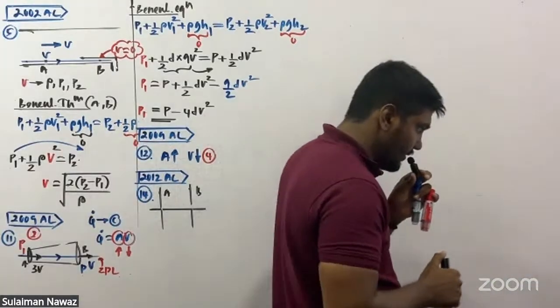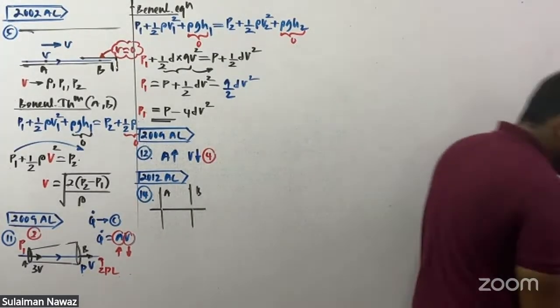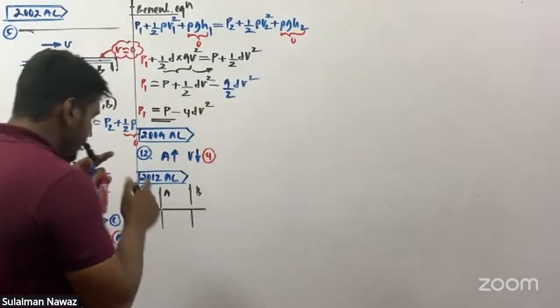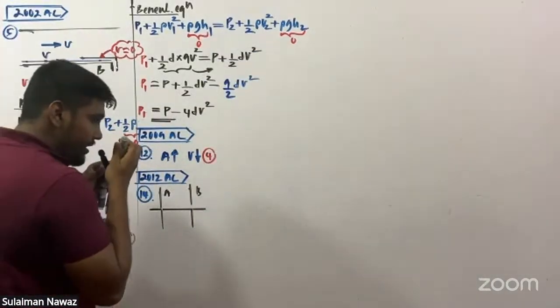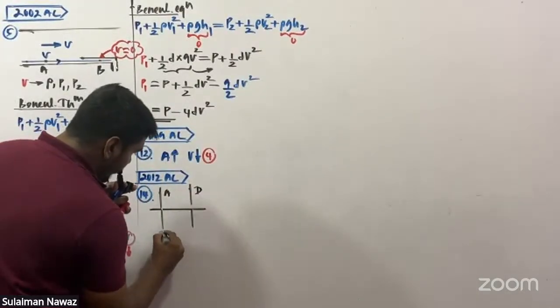The diagram is not clear. Here are rope B and C. This is A and D, and this should be B and C.